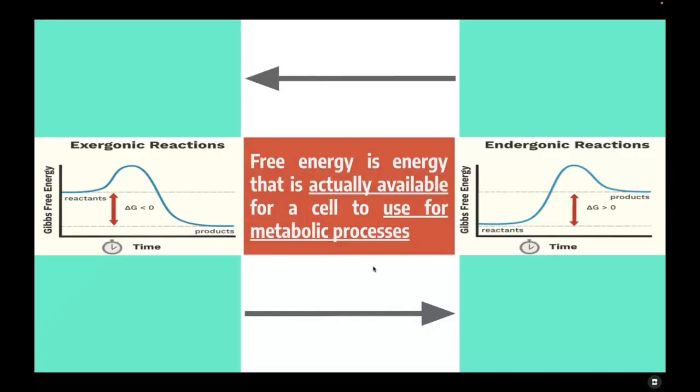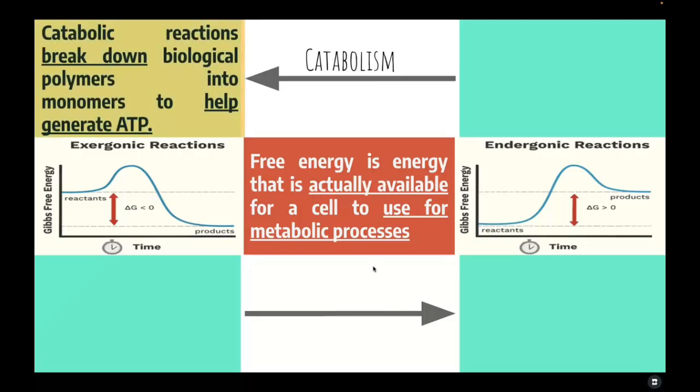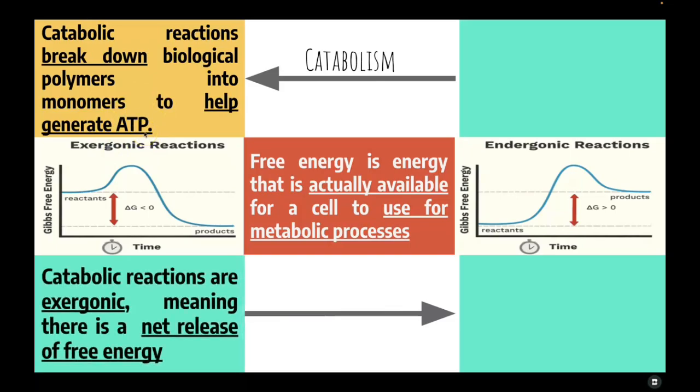So free energy is energy that is actually available for a cell to use for a metabolic process. Catabolism, again, is the breaking down of biological polymers into monomers to help generate ATP. ATP is basically just the energy source our cells need. And again, it's exergonic, okay?